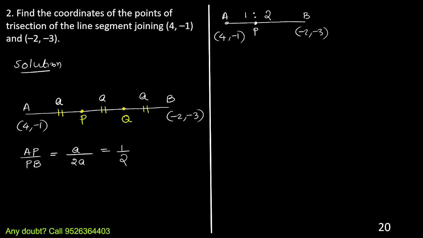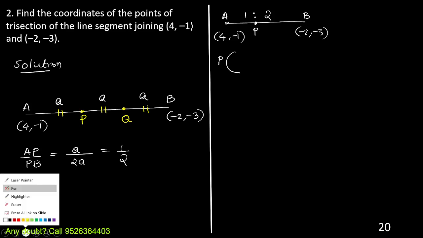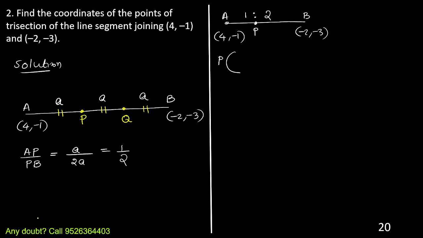So first let me find out P. I don't want to show Q here. I am focusing on P only right now. So for P, you have to use the section formula. Just draw the arrow and find the coordinates of P. No need to write m equal to this, n equal to that, like that. Okay, you may write the formula first. Then you just substitute the values, I mean by drawing the arrow.